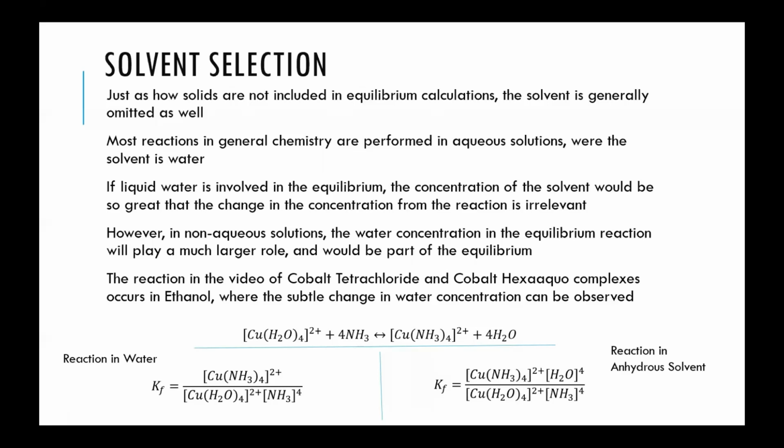However, if the reaction was done in an anhydrous solvent, or a solvent that does not have any water in it, there is still water present in the reaction itself, but now the amount that is being utilized in the reaction is small enough compared to the rest that you can actually pay attention to it. So if the solvent is not water, now the water can be included.